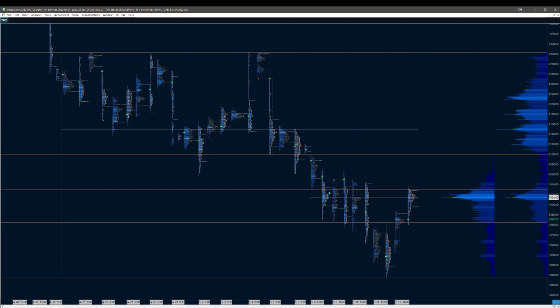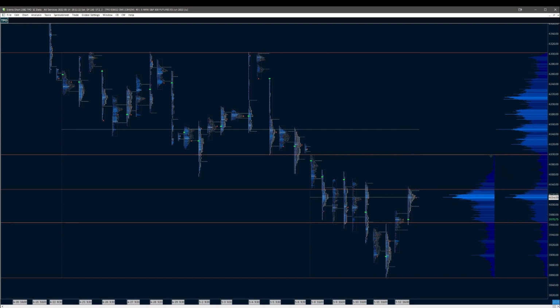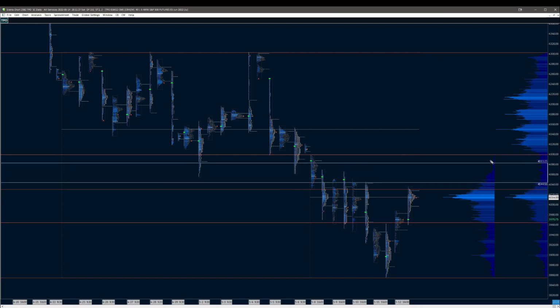We can tell that day over day, this is a zone that has traded the most, time and volume. And then as we can find with both the weekly and the monthly, we have this zone of prices as a low volume zone.